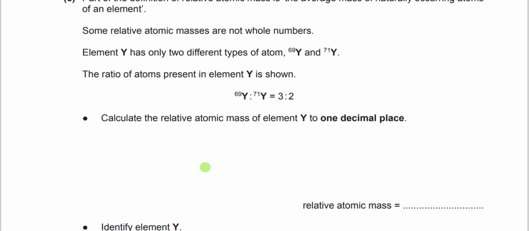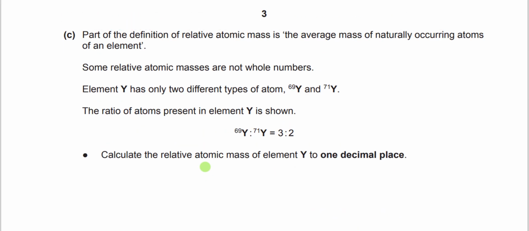No. So the next question, part C of the question says, part of the definition of relative atomic mass is the average mass of naturally occurring atoms of an element. Some relative atomic masses are not whole numbers. Very key. Some relative atomic masses are not whole numbers. Why are they not whole numbers?